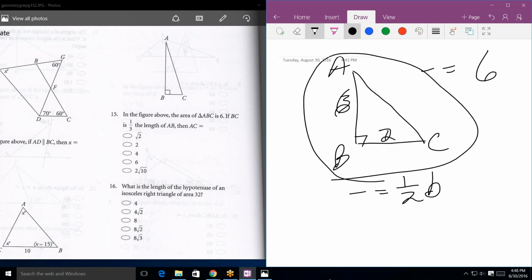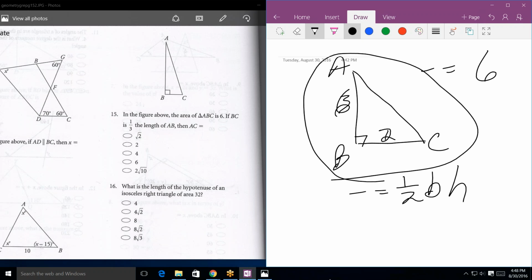The area of that is 6. Boom, we got our answer. But that's not a great way to solve these math problems. It works when they're easy like this, but the much better way is to introduce that variable and then solve it algebraically. So now that we have our lengths, we can use the Pythagorean Theorem.